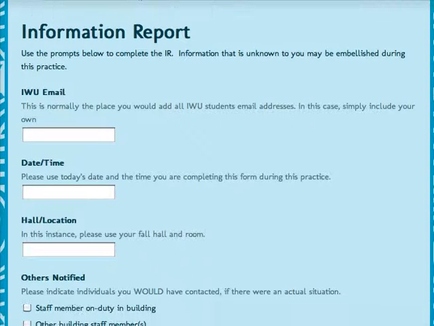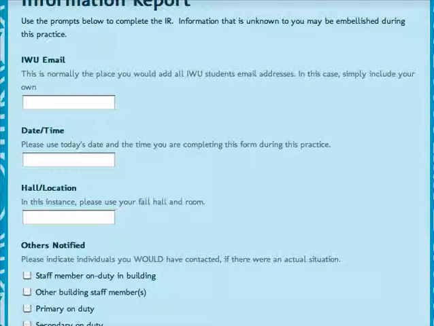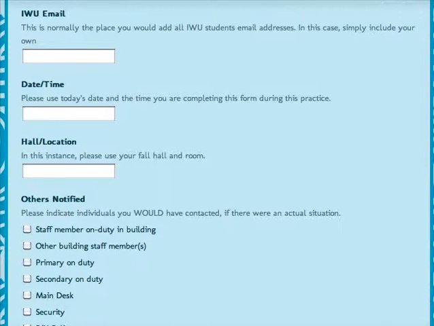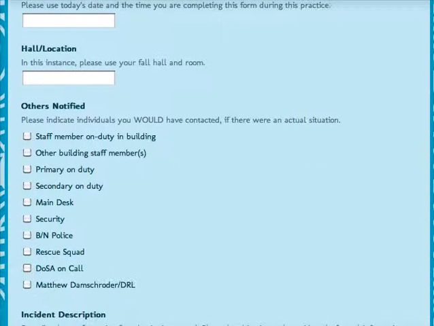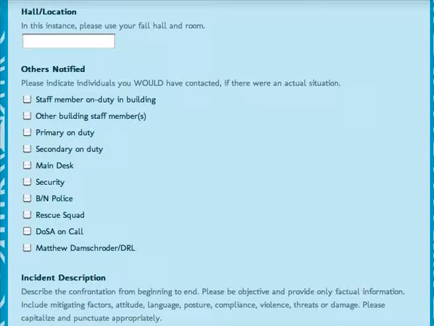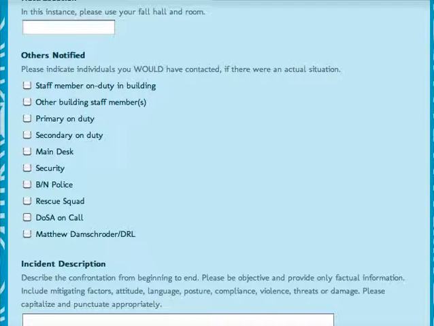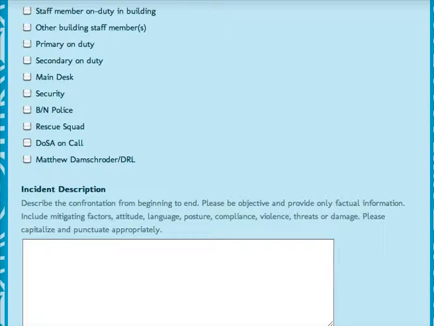Rather than using the students' addresses, just place your own so we know who you are. And when you use it, put the date and time of today. You're going to go ahead and use your fall hall and room. And then if there was anybody you would have contacted for this situation or during behind closed doors, if there was someone that you did bring in, then mark that down.